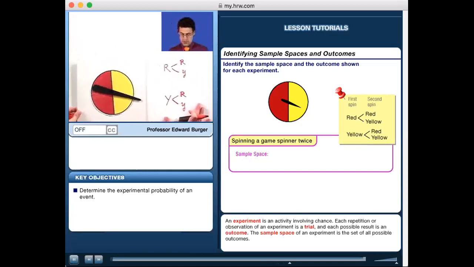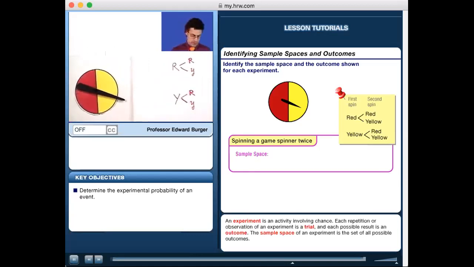So what's the total sample space, the total complete collection of possibilities? They would include red, red as one possibility, red, yellow for another possibility. A different possibility would be to first land on yellow and then land on red, and then finally yellow and yellow. And this collection, in fact, represents the sample space.